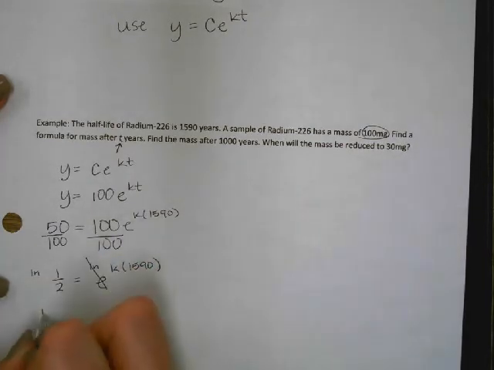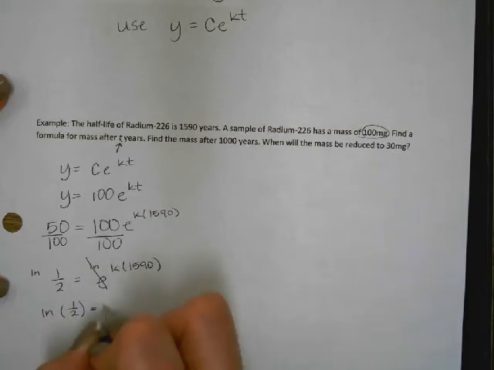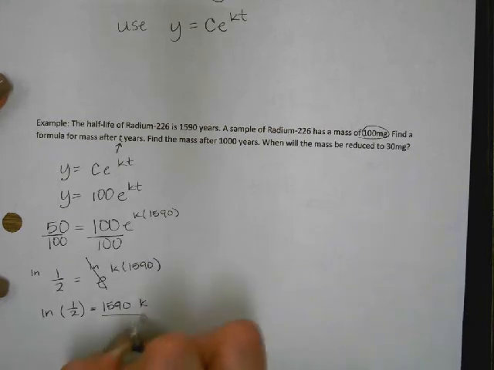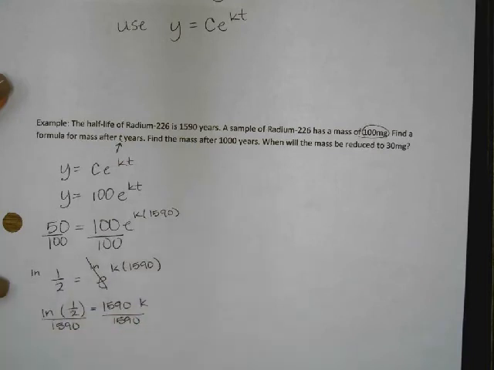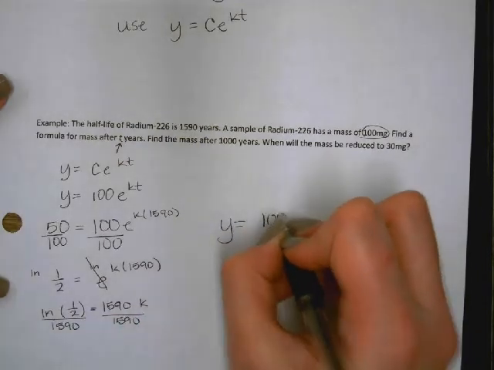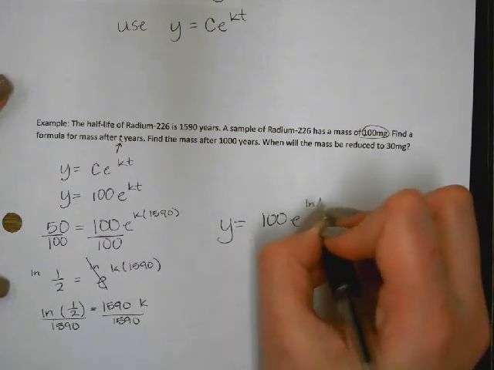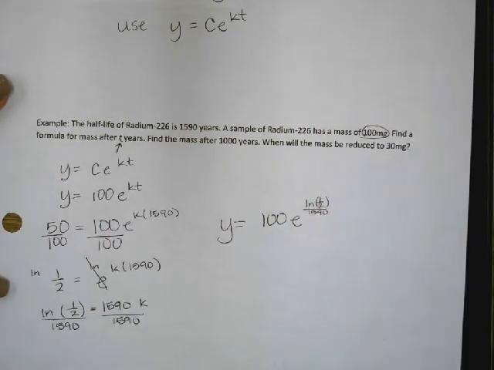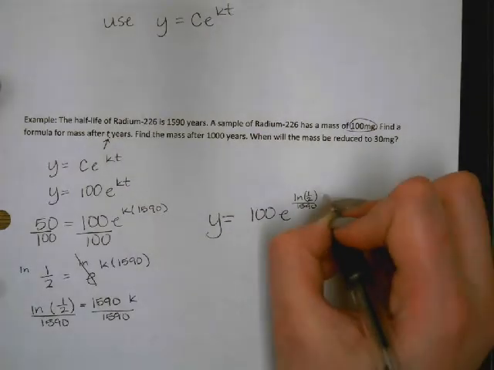So we're going to say ln of 1/2 equals 1,590k, and then we can divide by that 1,590. So the formula in terms of t is 100e to the ln of 1/2 divided by 1,590 times t.